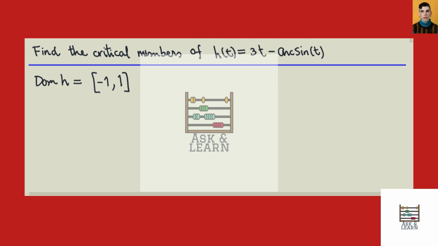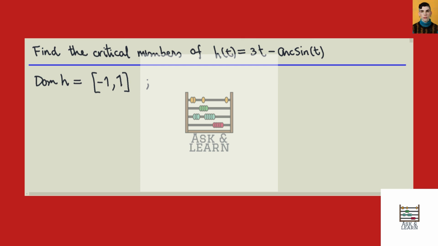That is because arcsine means the angle for which the sine is equal to the number t. So the number t can only be a value between -1 and 1, and can be either of these two values, -1 or 1. So it's a closed interval, -1, 1. That's the domain of h.